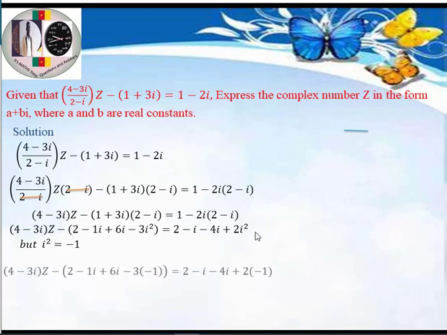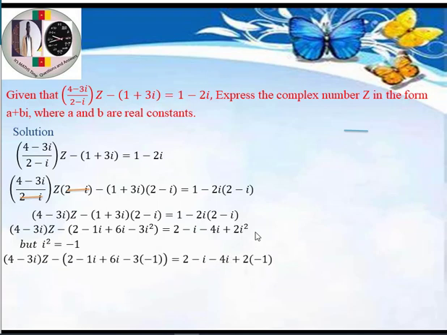So we have (4 - 3i)z - (2 - i + 6i - 3i squared) = 2 - i - 4i + 2i squared, where i squared is -1. Minus 3 times minus 1 is plus 3, and 2 times -1 is -2. So we replace those with these values.